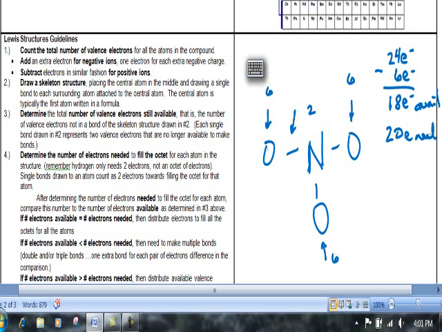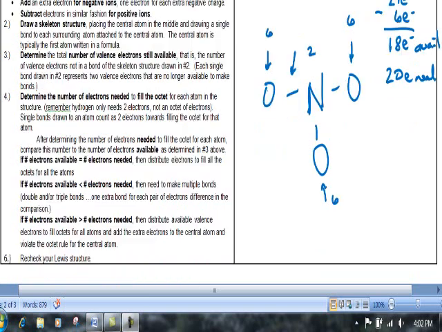The guidelines indicate when the number of electrons needed is greater than the number of electrons available, then we have to add extra bonds to the structure. This is when compounds develop double and triple bonds.